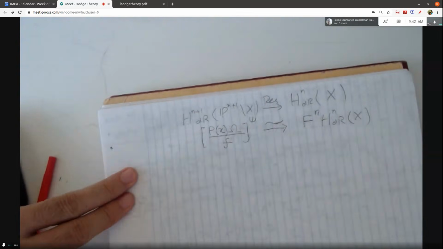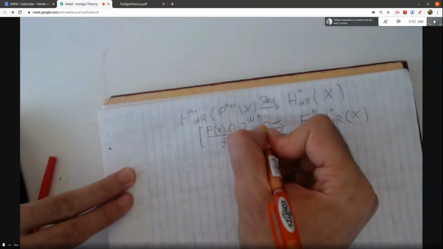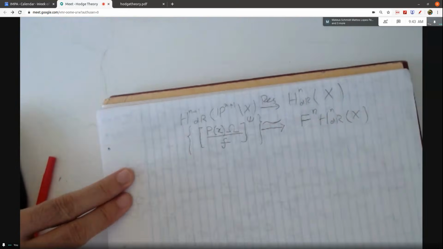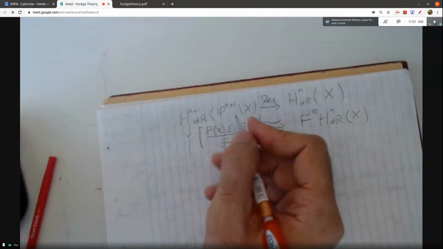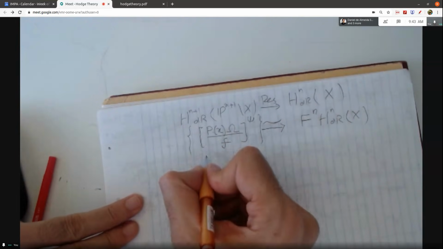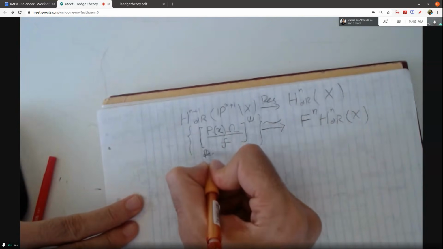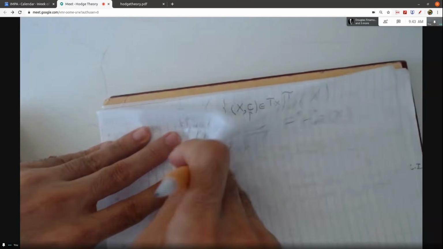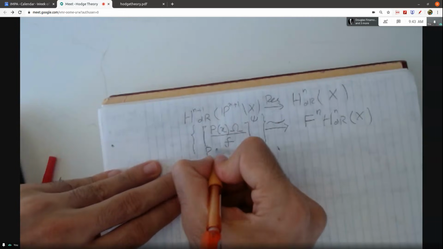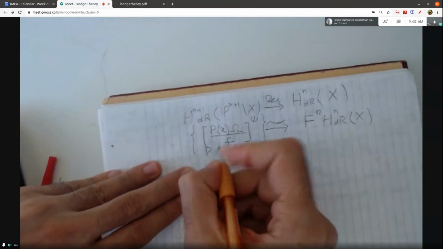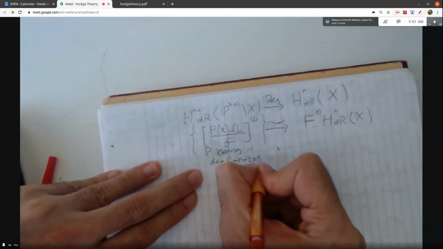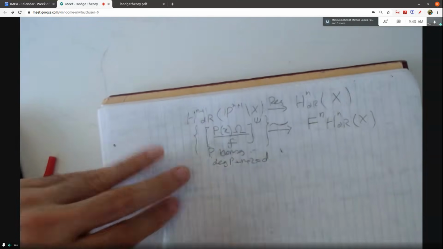So let me write here how I write it. The collection of these differential forms, of degree p, with homogeneous degree p plus n plus 2 must be the degree of F, which is d.